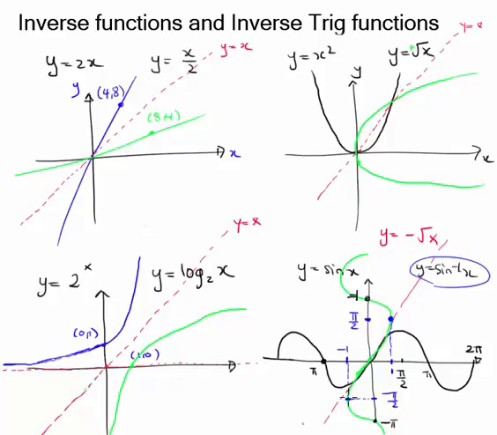So we only take from here to here, and you can pretty much get rid of the green part. So this is the look of the inverse sine function. The green part is not part of the inverse function, because that violates the condition of a function. So that's the graph.